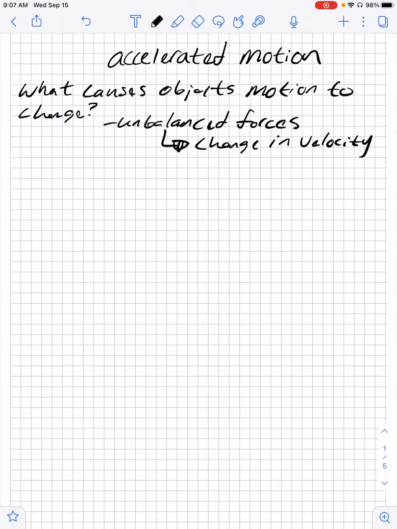If I were to define acceleration, acceleration is the change in velocity over a period of time.